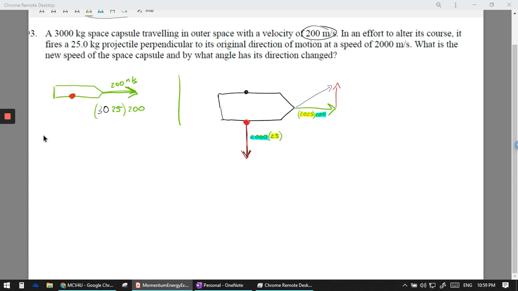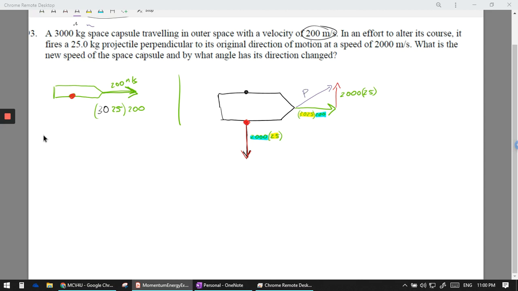But basically that just means that this red vector is also 2,000 times 25 as well. And so now this new purple vector up here is the new momentum of the ship.